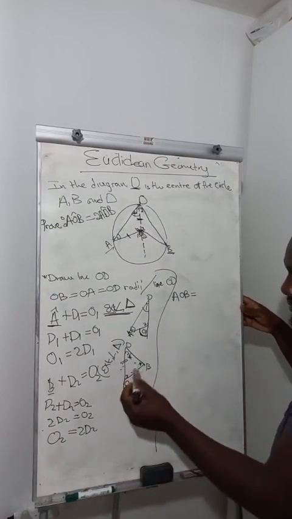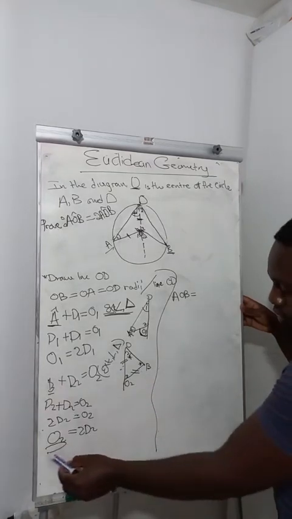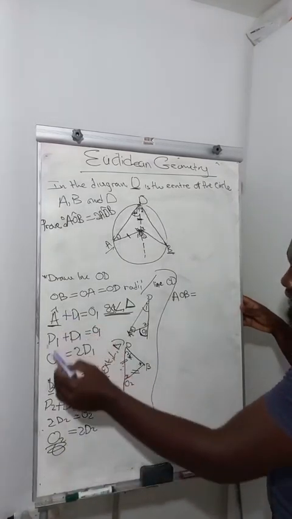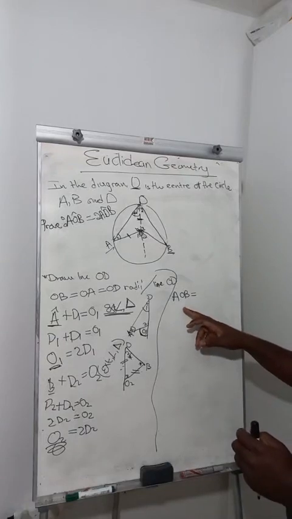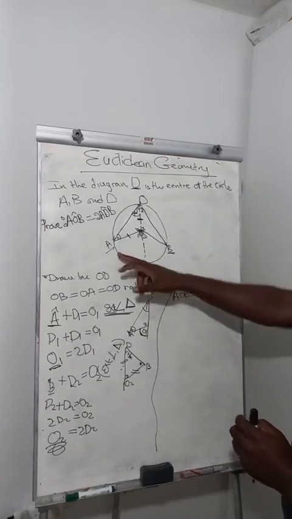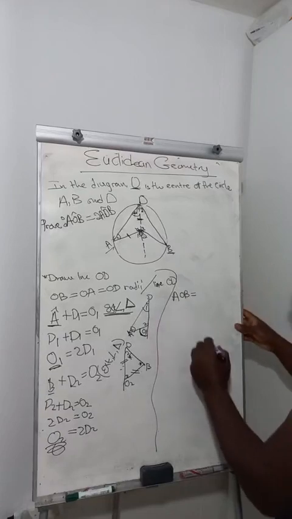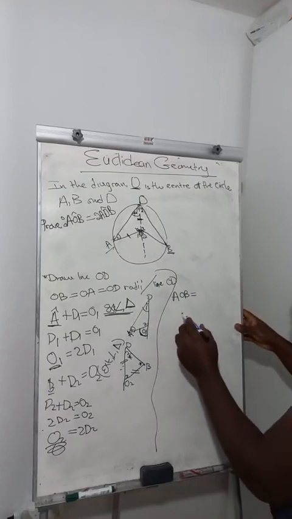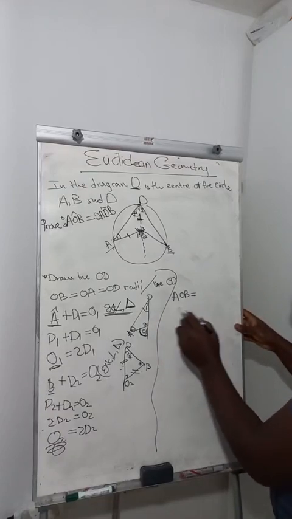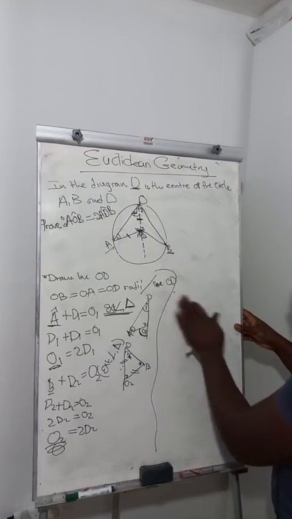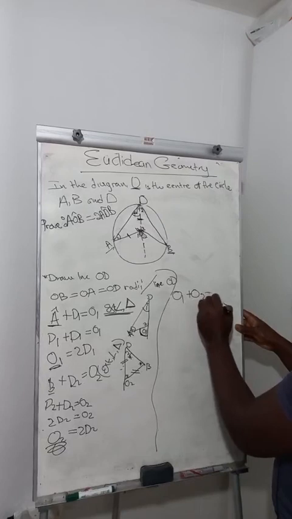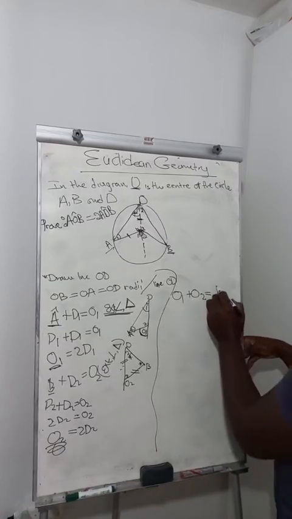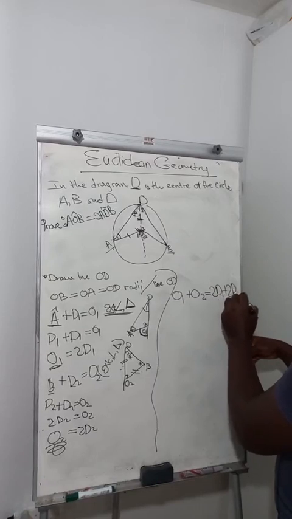Look at this. This is O2 and then this is O1. So if you have to check angle AOB, it is the same as O1 plus O2, which is equal to 2D1 plus 2D2.